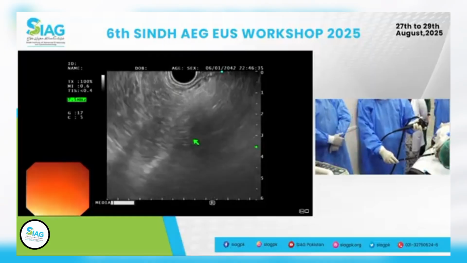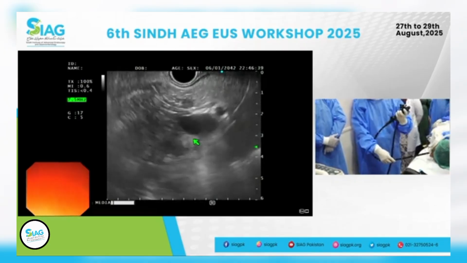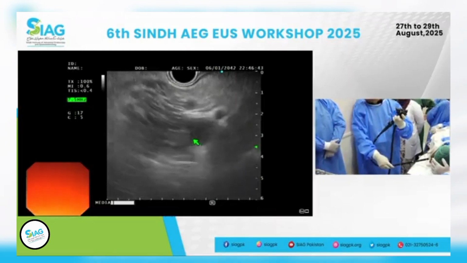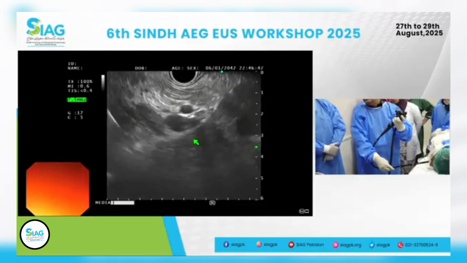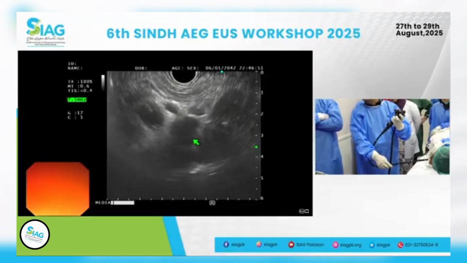From here, if I want to really follow the portal vein, I can move the big wheel towards me, keep the portal vein in the center, and I can literally follow that all the way to the liver hilum if that is my goal.